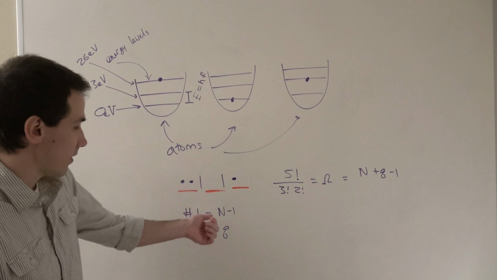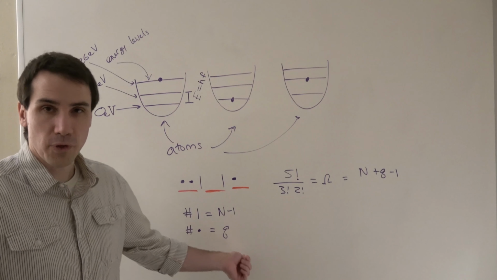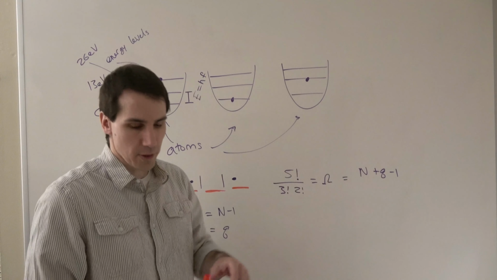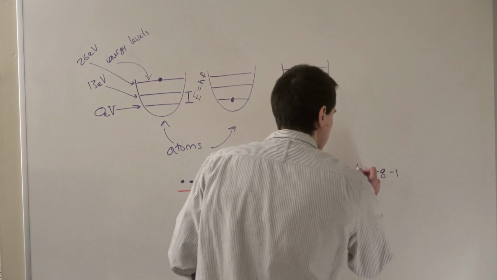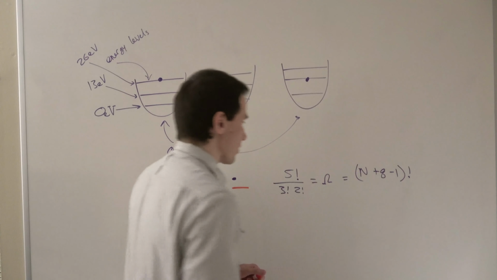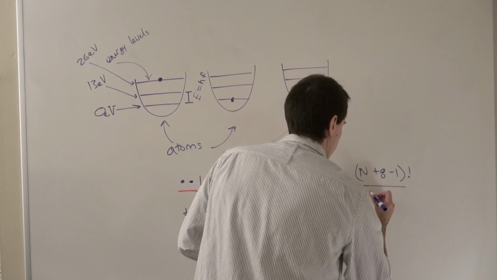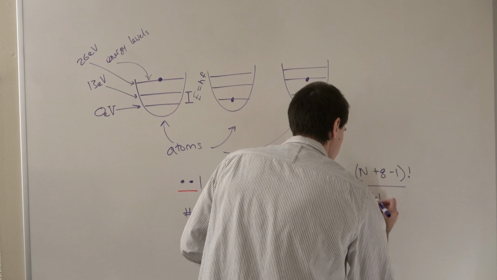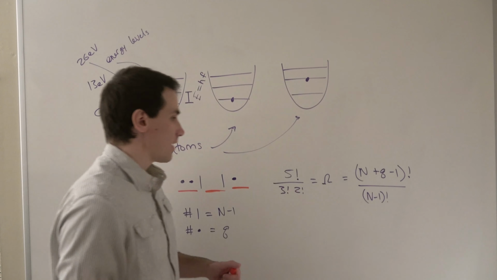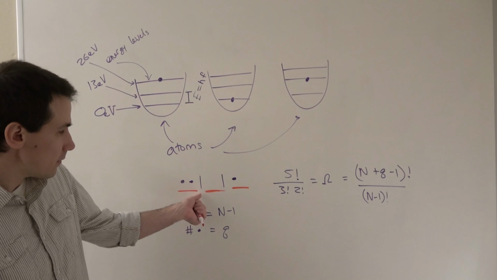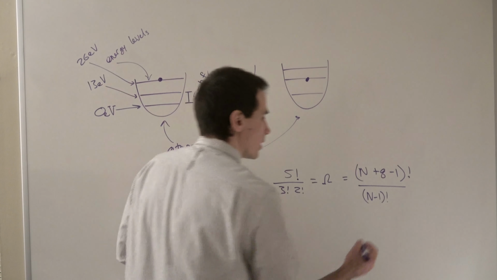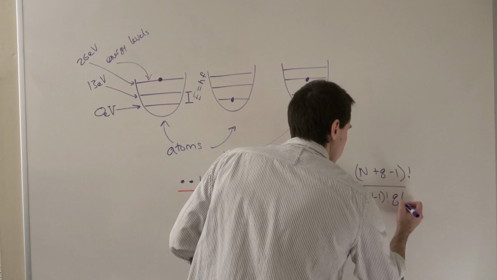And in total I have n minus 1 bars plus q dots. That's the total number of things that I have. I factorial that. So in this case, that's 5 factorial. And then I divide it by n minus 1 factorial, because I have n minus 1 bars, and q factorial.